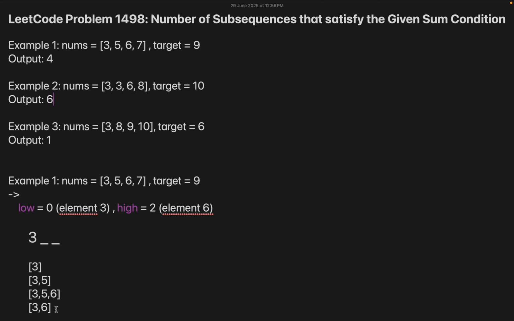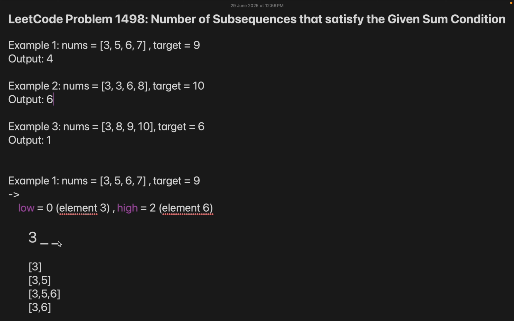What we can observe is the low element is constant, like we are keeping it common, and the other two elements we can change, like either we are taking nothing or we are taking one element or we are taking both the elements. Now how do we do this?